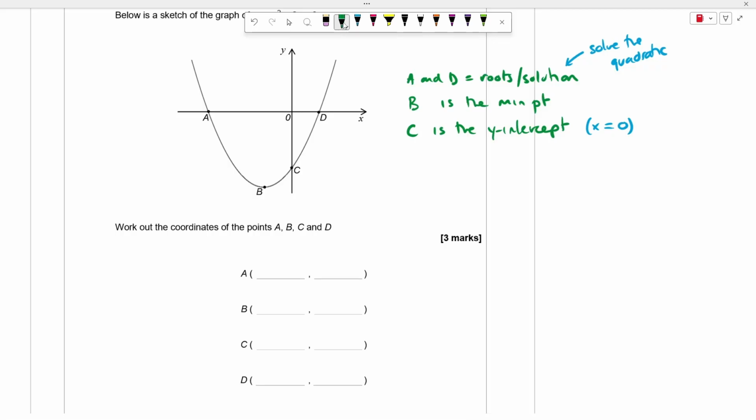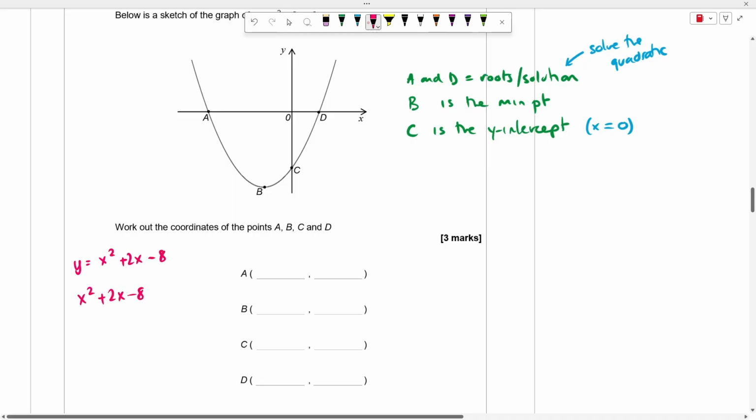So looking at the original equation, which if I write down again, the original was y equals x squared plus 2x minus 8. So I want to solve x squared plus 2x minus 8. This does factorize, in which we get our numbers of 4 and 2. I don't know why I've written 6 there. So we've got 4 and 2.